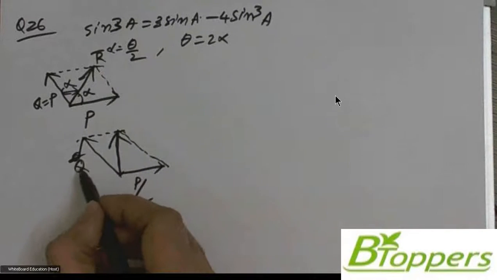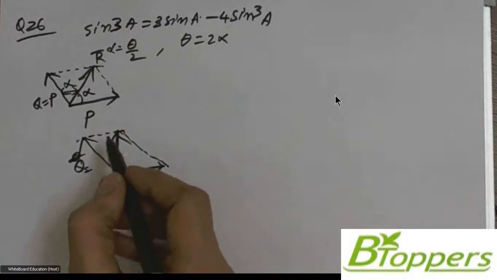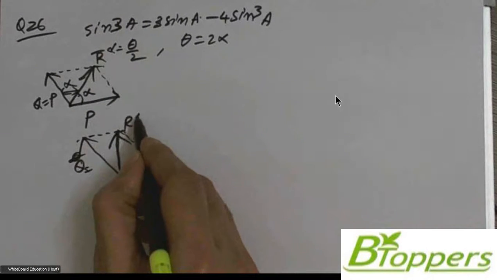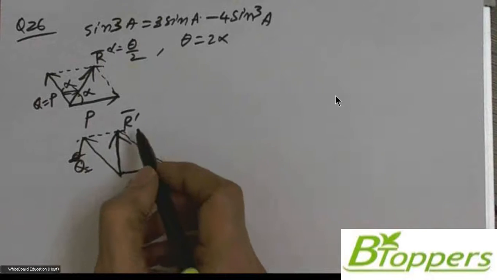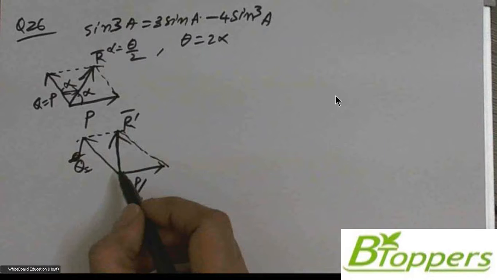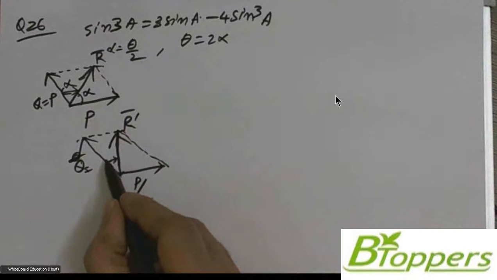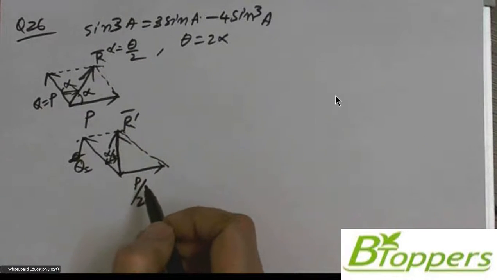The magnitude of the other force is the same, Q, which is equal to P. Let R dash denote the magnitude of the resultant in the second case. The angle the resultant makes with the other force becomes half, that means alpha by 2.